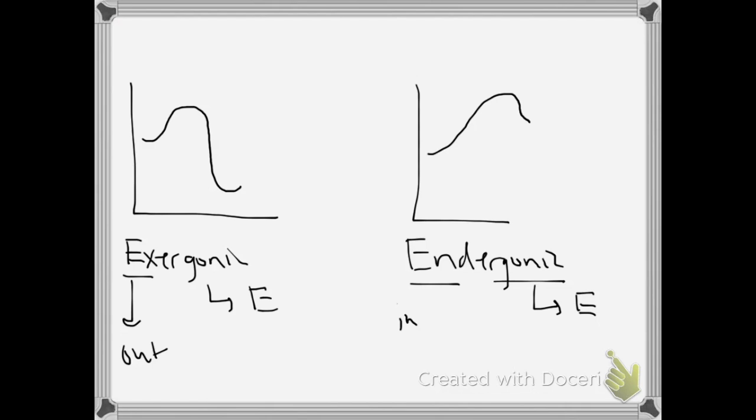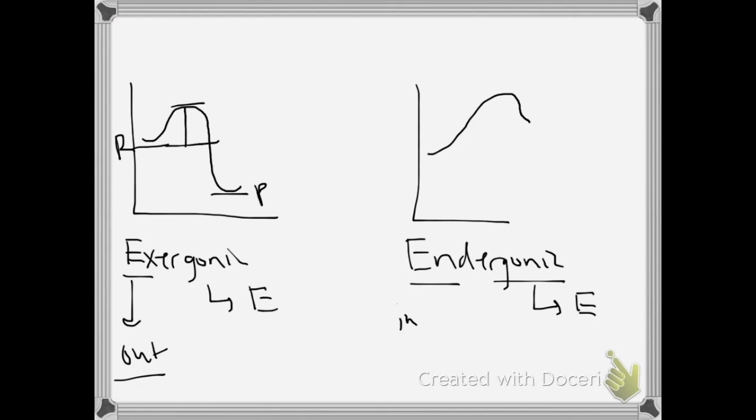So what this is saying is we're trying to look at what is the energy level of the products compared to reactants. Okay? If you have energy taken out of the system, then your products are going to have lower energy than your reactants. This is exergonic. So you have energy out, your products have lower energy than your reactants. You still had to put in energy.